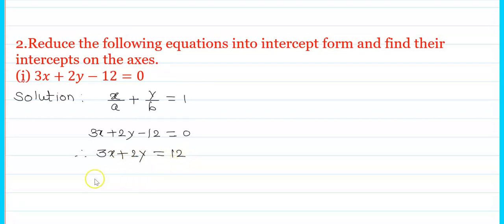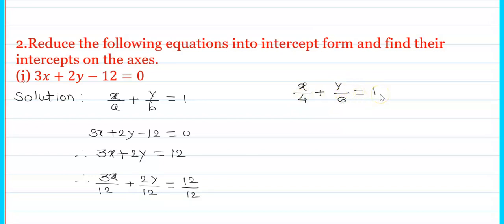Divide both sides by 12, and hence you will get 3x/12 + 2y/12 = 12/12, that is x/4 + y/6 = 1.